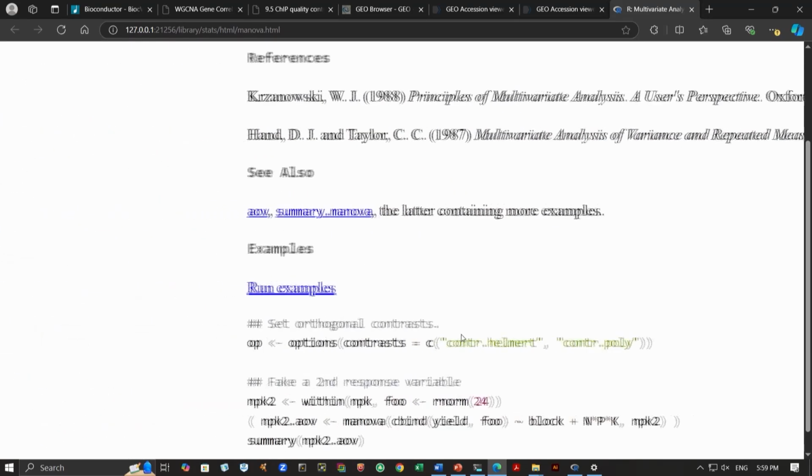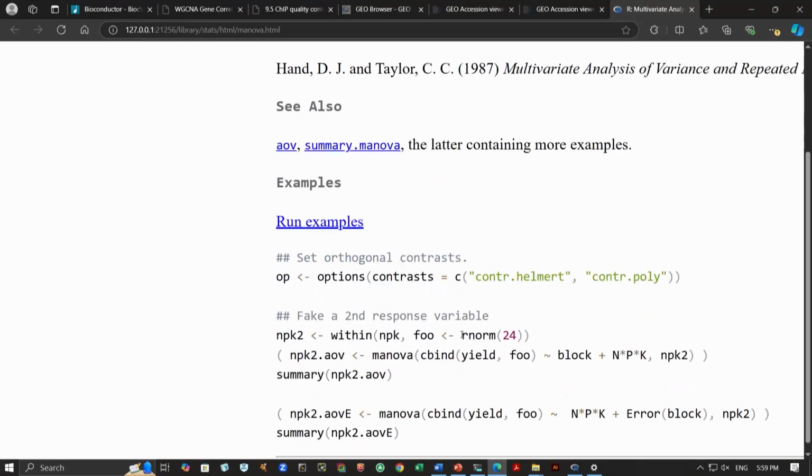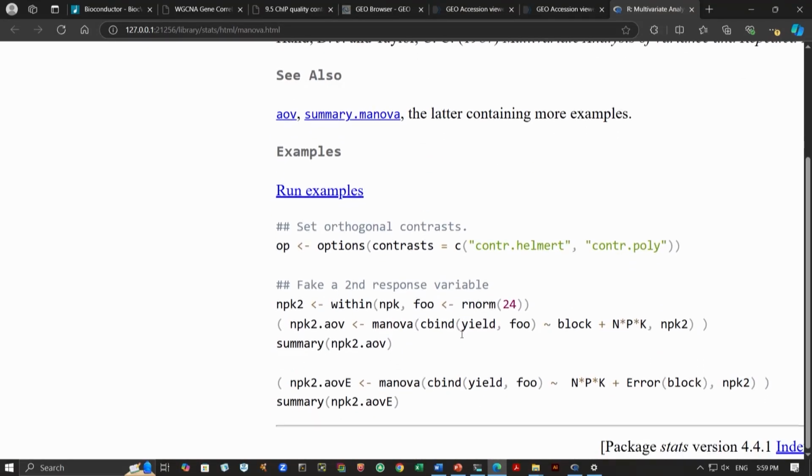Let's zoom in a bit. What we are seeing is we have MANOVA, and we want to see this effect, predicting two dependent variables. In that case we have to give these two dependent variables using cbind.